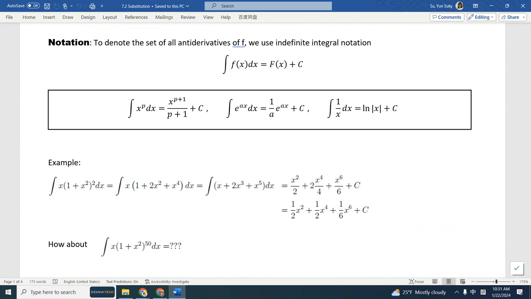This is how we integrate, based on the knowledge we learned so far. But what if this is not squared? What if this is 15? Oh my god, you want to expand it? No, it's so hard to expand it.